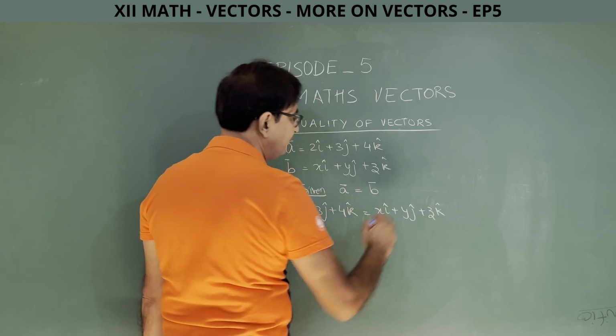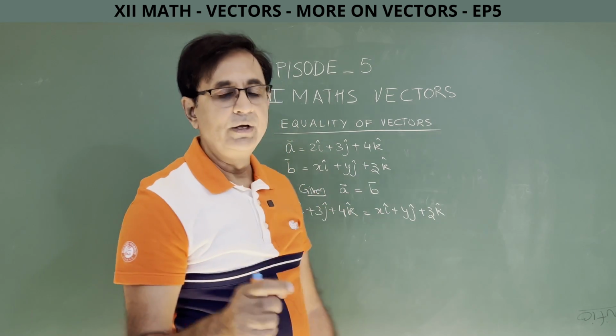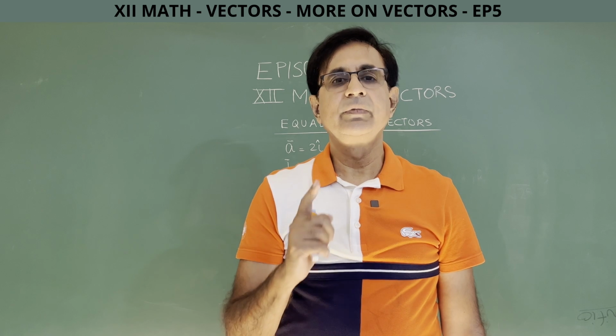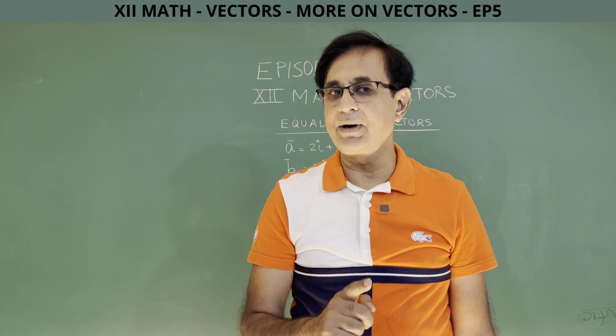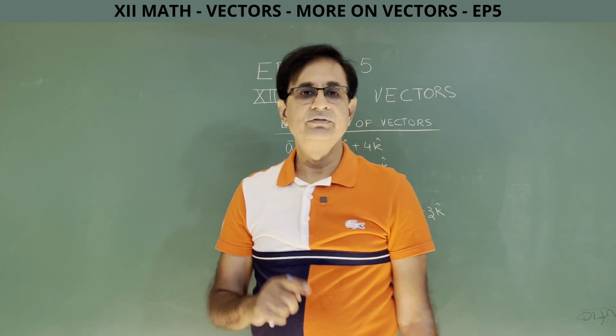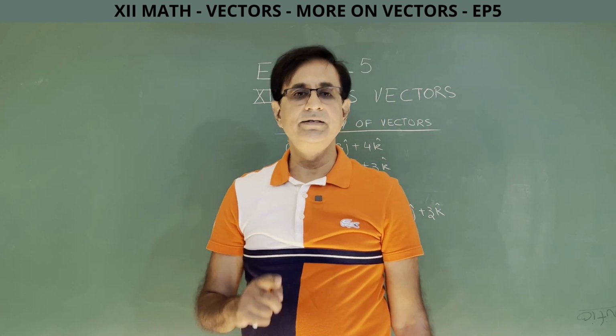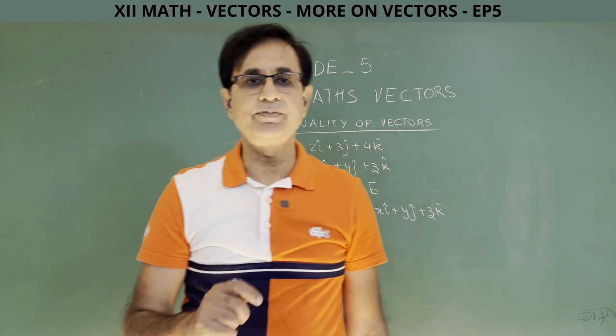Now I am going to make a very interesting statement for you. 2 vectors expressed in terms of i, j, k, if they are equal, what does it imply? The coefficients of i's, j's and k's are separately equal.